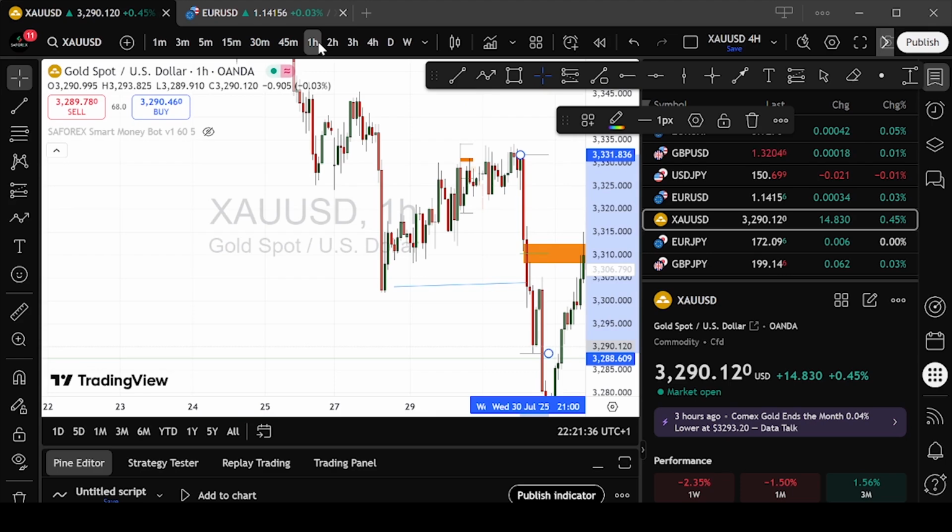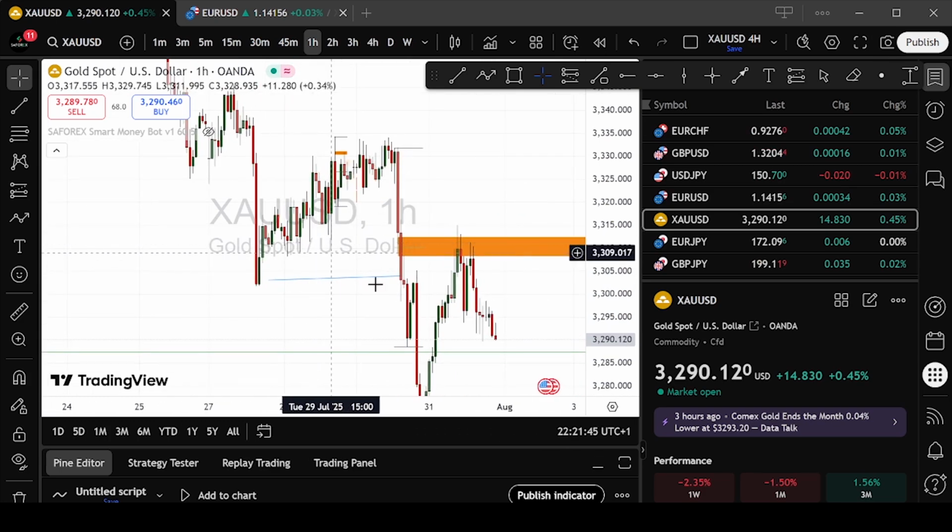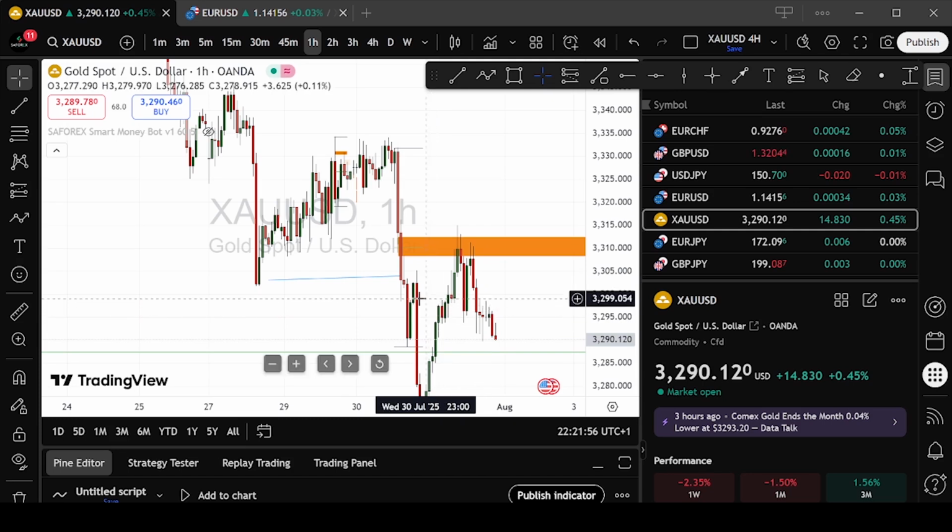Then ask yourself if there's any reaction in the fair value gaps or other blocks after the liquidity was taken out. After this high was taken out, which is the high on the outer frame, is there any fair value gap there, or is there any other block close to it? If there's no other block, then what is close? Fair value gap.